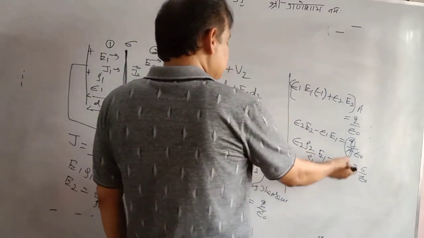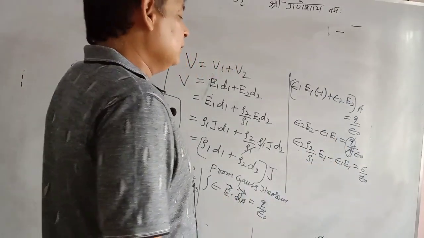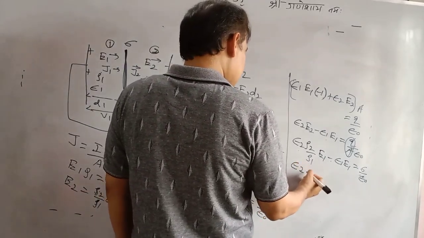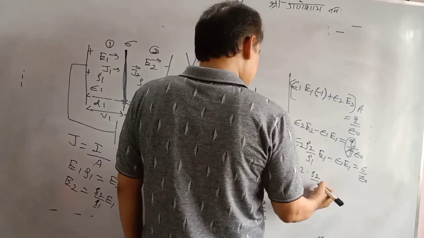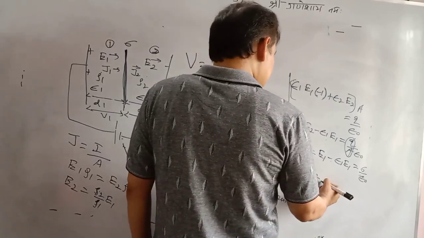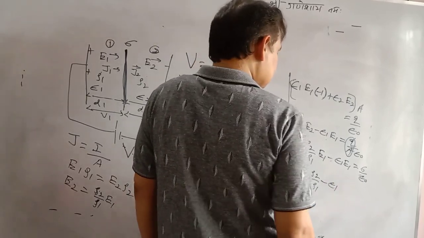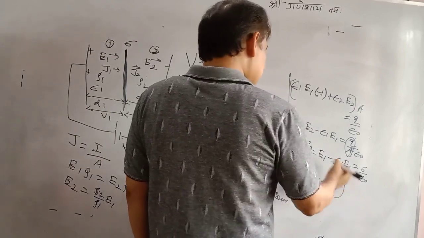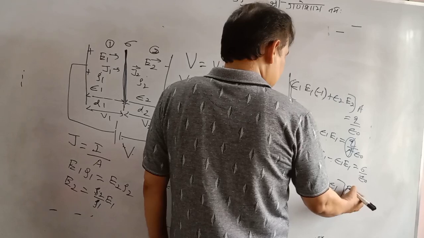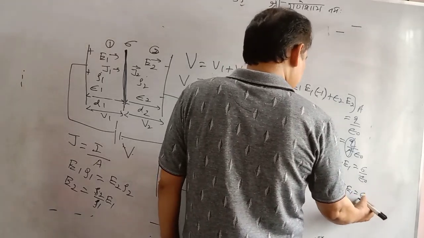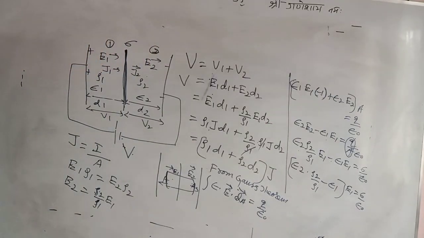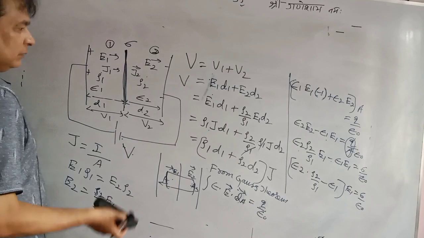We can convert this one into the form of j. We can have here j2 rho 2 by rho 1 minus j1 E1 is sigma by epsilon naught.